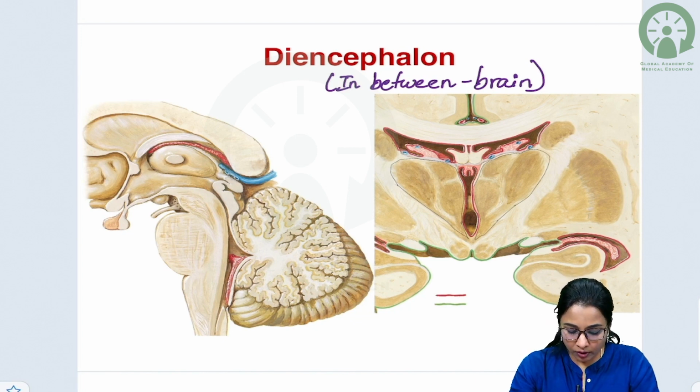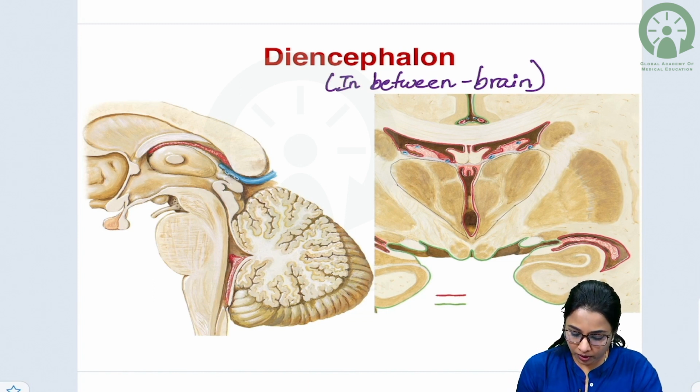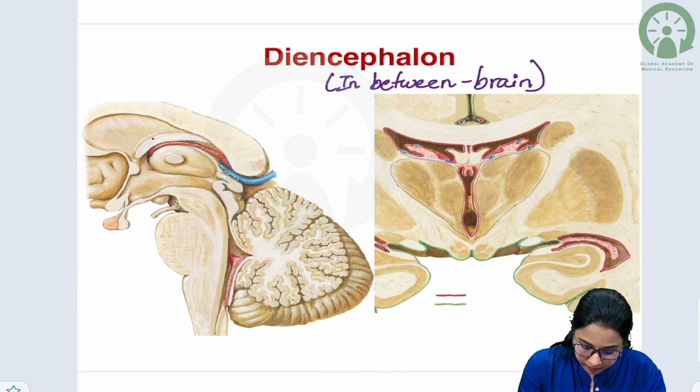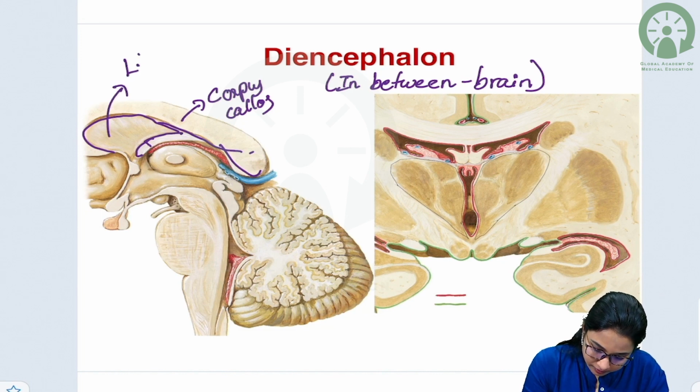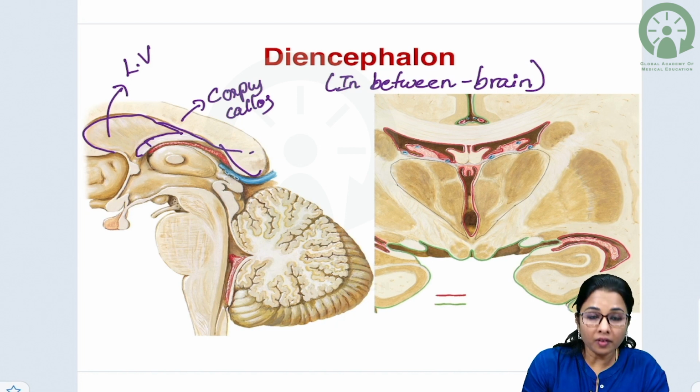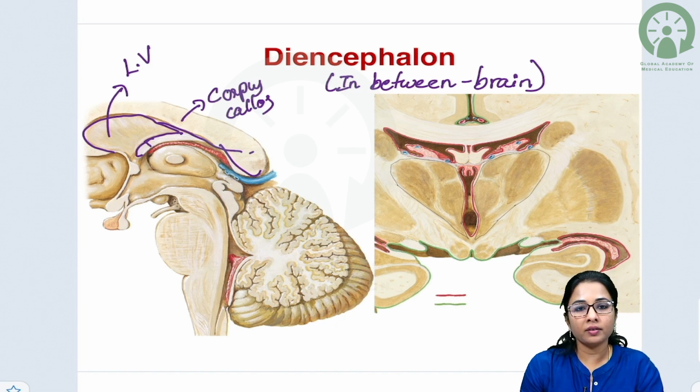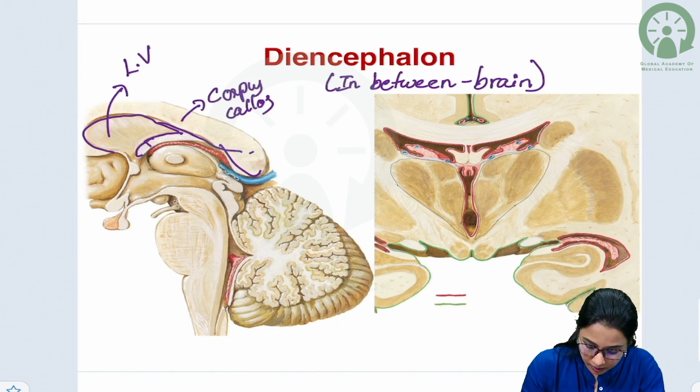The diencephalon is seen just below the lateral ventricle. In a medial sagittal section of the brain, we can see the corpus callosum, and this is the lateral ventricle, which is covered by a layer of white matter called the septum pellucidum.